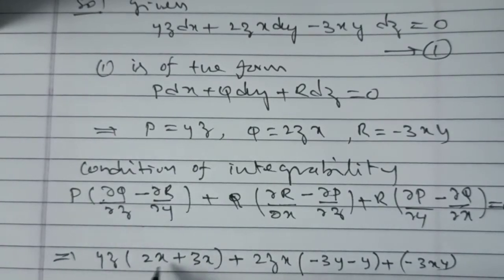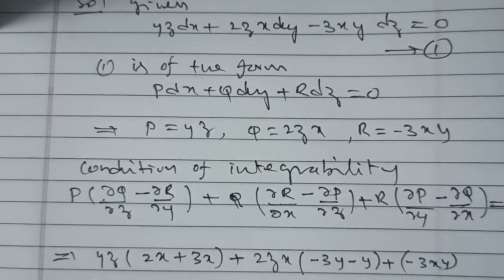The total is 5xyz minus 8xyz plus 3xyz is equal to 0.